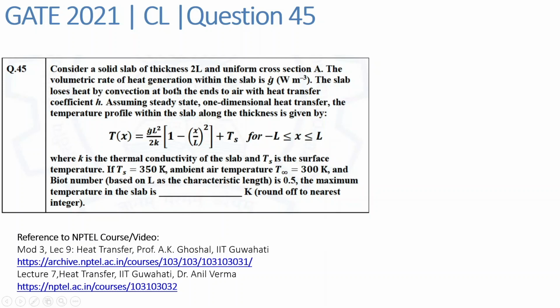The slab loses heat by convection at both ends to air with heat transfer coefficient H. Assuming steady-state one-dimensional heat transfer, the temperature profile within the slab along the thickness is given by this equation, where K is the thermal conductivity of the slab and Ts is the surface temperature. If Ts equal to 350 Kelvin, ambient air T infinity equal to 300 Kelvin, and the Biot number is 0.5 based on L as characteristic length, the maximum temperature in the slab is dash Kelvin, round off to nearest integer.